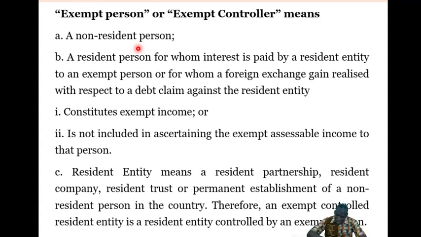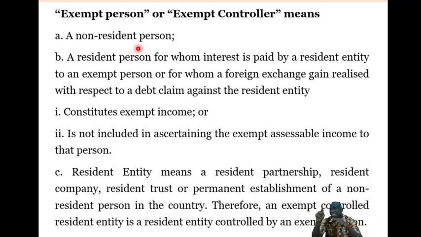Now let me explain to make the work simple. All they are saying is that when it comes to a resident person, for that resident person to be called an exempt person, it means that if that resident person has a stake in the company and has given, for example, a loan to that resident entity, the loan attracts interest, so they will pay you interest.